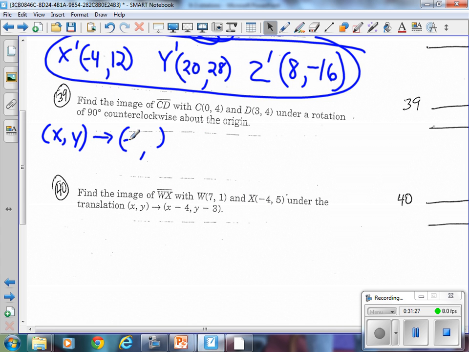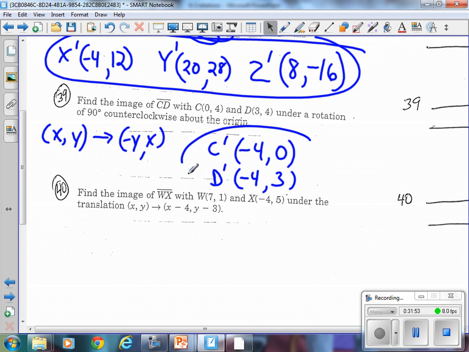So -yx, and that's all you're going to do to these. Again, I don't have room to write out there on the line, so I'm going to write it right here. C prime, you switch the two and take the opposite of the new first one, so -4, 0. D prime, you switch the two and take the opposite of the first one, which would be -4, 3.